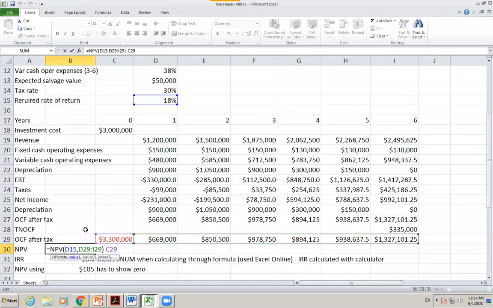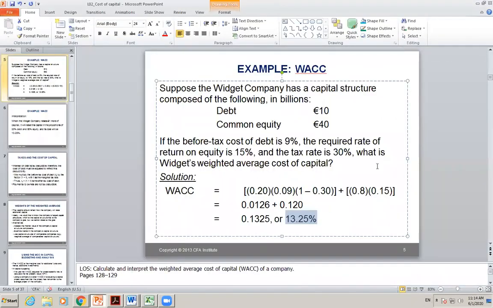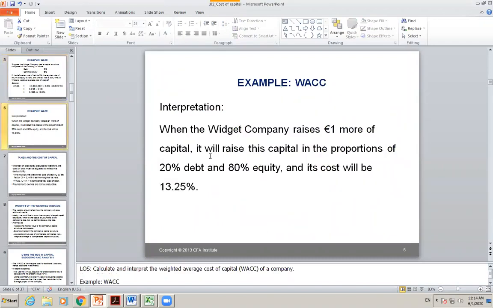So we can substitute this 18% by 13.25%, and we can derive the real present value of future cash flows, sum it up and subtract the cost, and you will get the net present value. So when the Whitgate company raises $1 billion more of capital, it will raise the capital in proportion of 20% debt and 80% equity, and its cost will be equal to 13.25%.